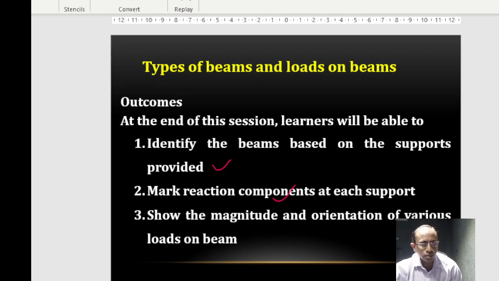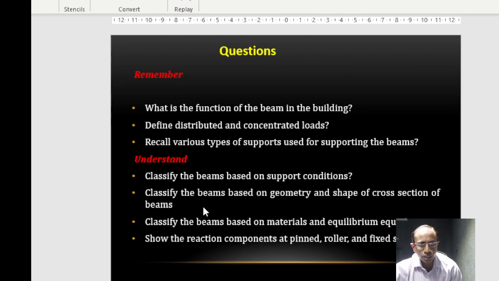And there are some other questions for improving understanding, at different levels, either remember or understanding level. You can just refer to these questions. What is the function of a beam in a building? Define distributed and concentrated load.